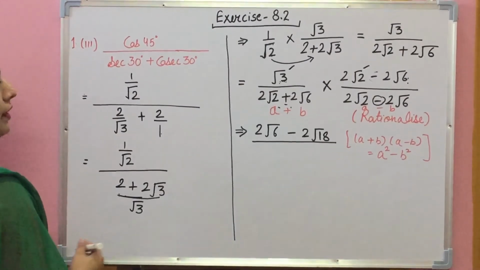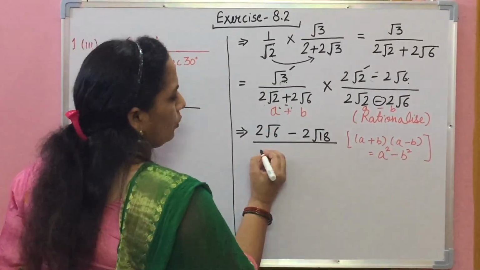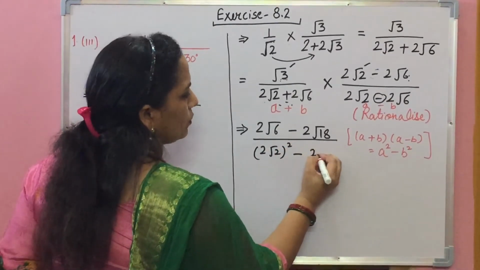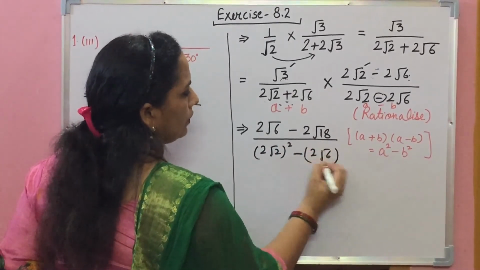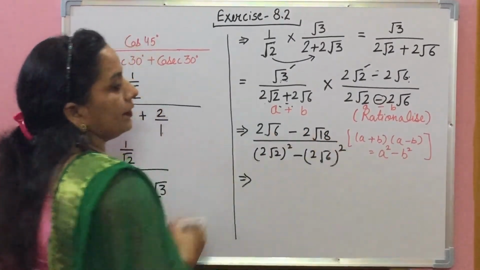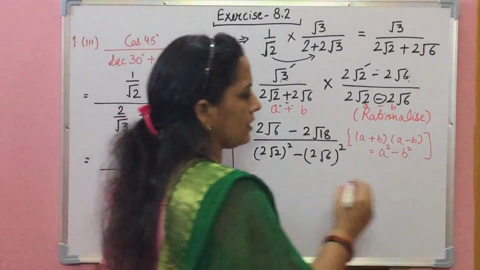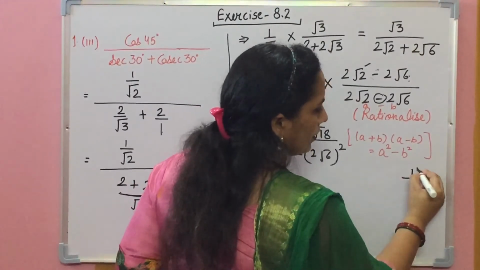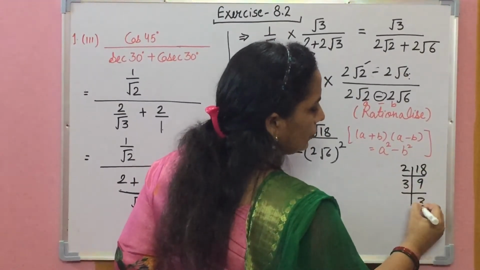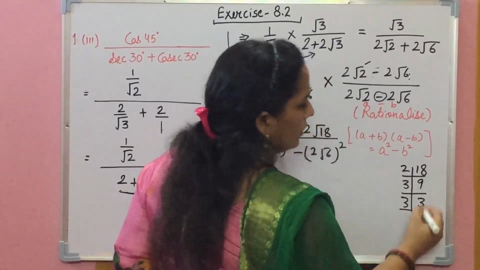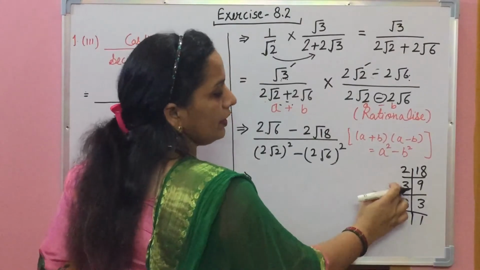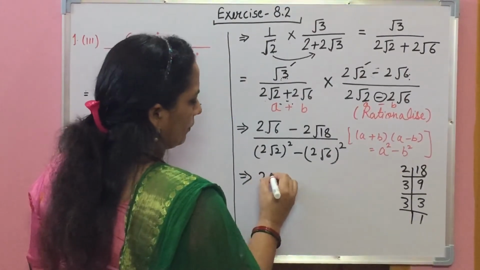So we'll write here 2 square root of 2 minus 2 square root of 6. Square root of 18, we can solve this term. Square root of 18: 2, 9, then 3, then 3. So we can write in place of square root of 18, 3 square root of 2.